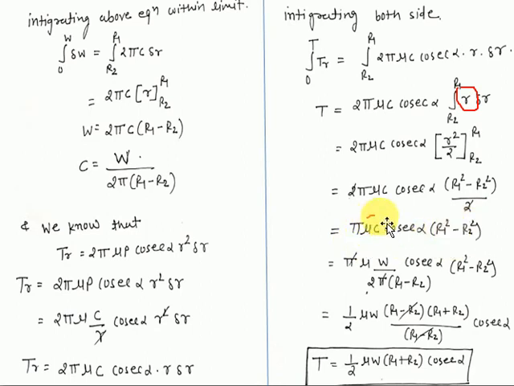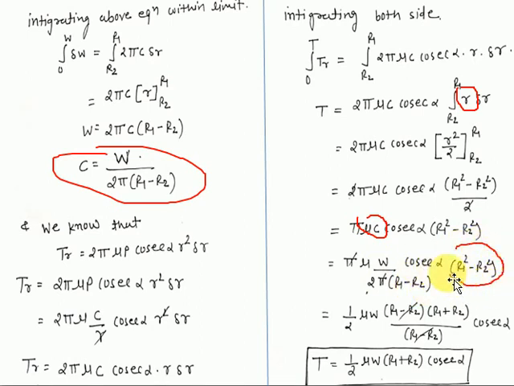Now put the value of C which we have derived over here. C is equal to W upon 2 pi (R1 minus R2). So pi mu W upon 2 pi (R1 minus R2) cosec alpha (R1 square minus R2 square), but this R1 square minus R2 square comes to (R1 plus R2)(R1 minus R2).